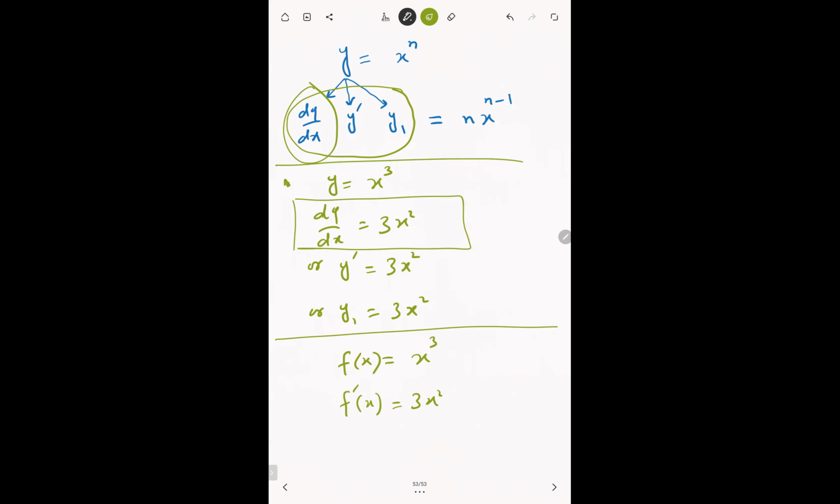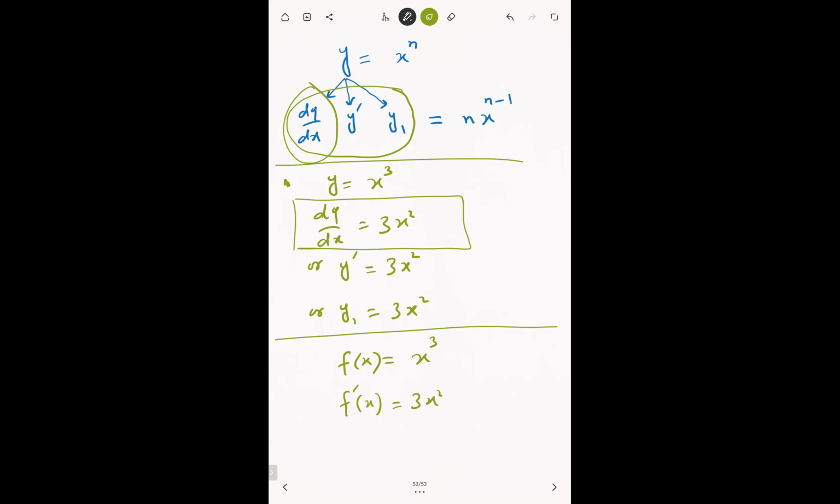So dy by dx, y prime, y1, f prime of x, these all are the same notation. They all simply represent differentiation. Only the writing style is different. Most commonly, when it is y, you will write dy by dx. When it is f of x, you will write f prime of x.